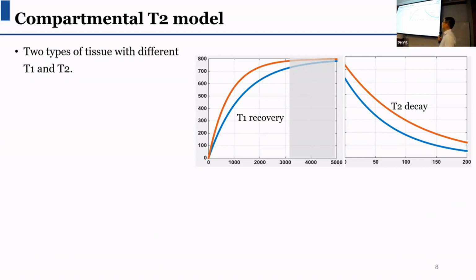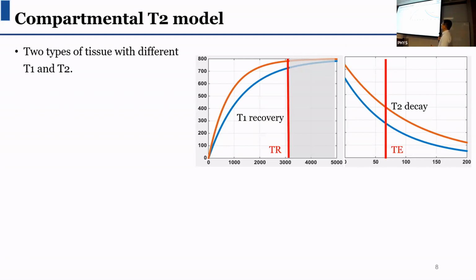As I just said, in a very simple case, you have two different tissues, and these two tissues have different T1 values. That means they recover to their equilibrium state at different rates. So this blue one goes faster, and the other one goes slower.